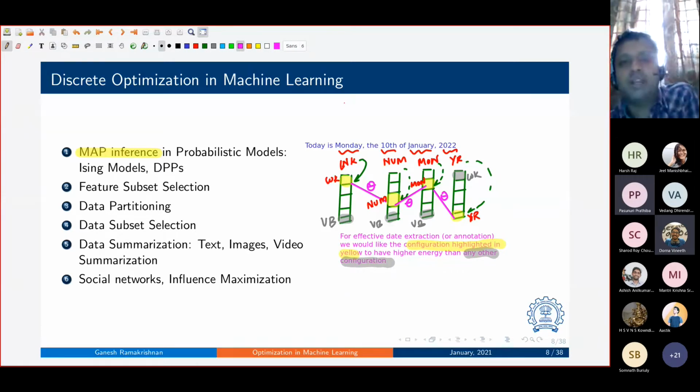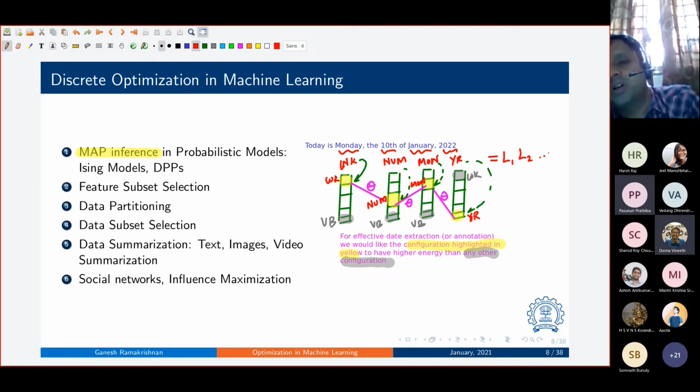So formally, how I would define the MAP problem is that I want a configuration of these. Let's call these y's, y1, y. Let me not confuse it with labels. So let's just call it L1, L2, L3, L4, L5, right?